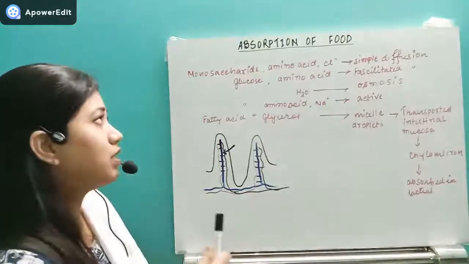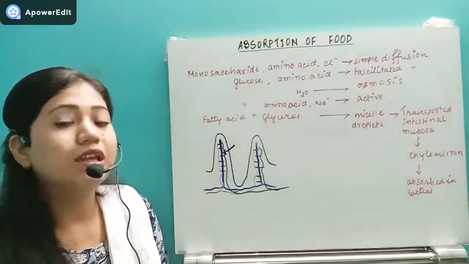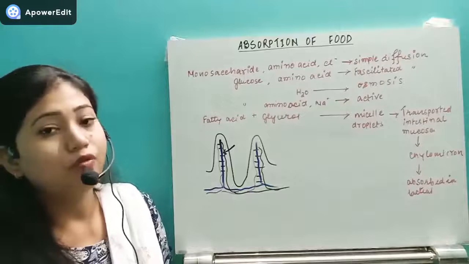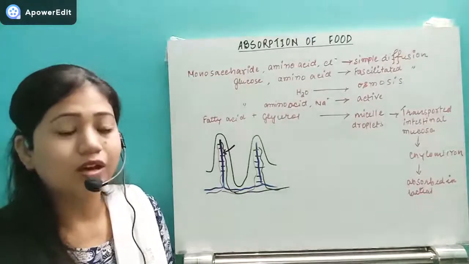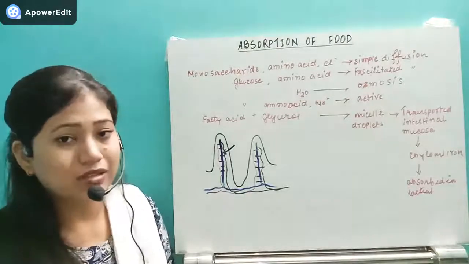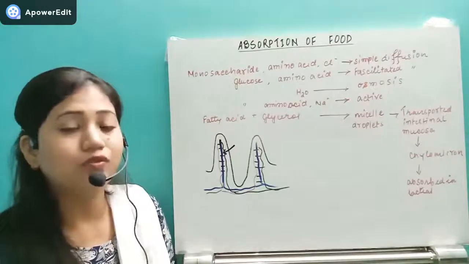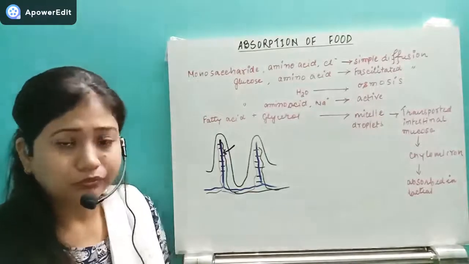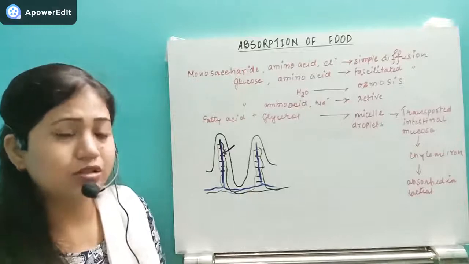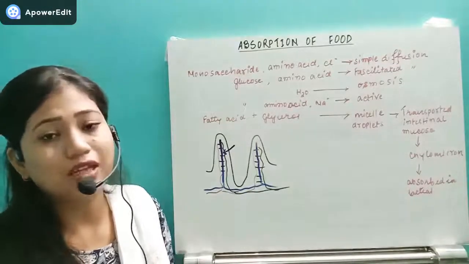So just see how the different types of food particles will be absorbed. We know that carbohydrate, whenever it gets the minimum size or unit, that is the monosaccharide. The monosaccharides we have seen are of three types: glucose, fructose and galactose.